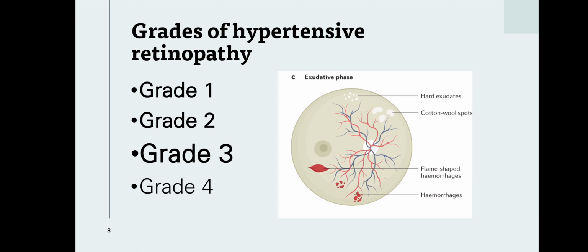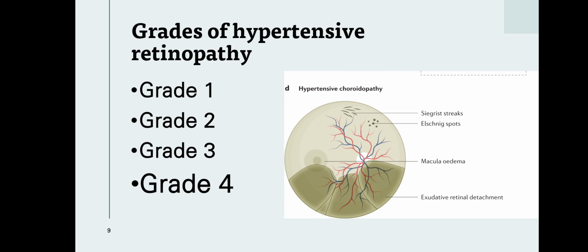The exudative phase, which involves the incompetence of the endothelium, would result in hard exudates, cotton wool spots, which are basically infarcts, and flame-shaped hemorrhages and dot blot hemorrhages. The flame-shaped hemorrhages are more superficial on the retinal surface, and dot blot hemorrhages are deeper in the compact layer.